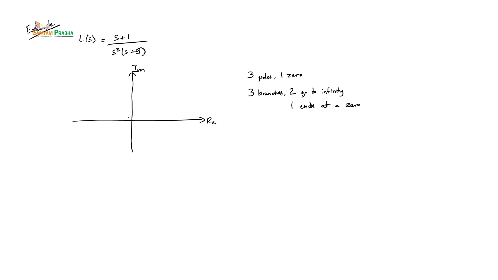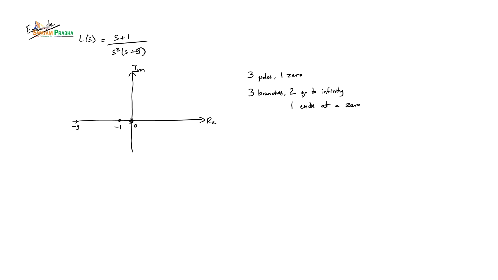So we will draw these poles. At 0 there will be 2 and you will have 1 at minus 9 and you will have a zero at minus 1. So this is our pole-zero map, 2 poles at s equal to 0, 1 at minus 9 and a zero at minus 1.